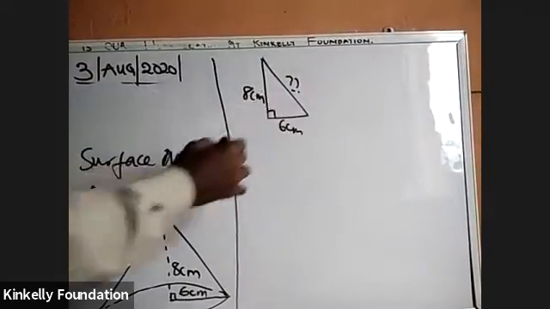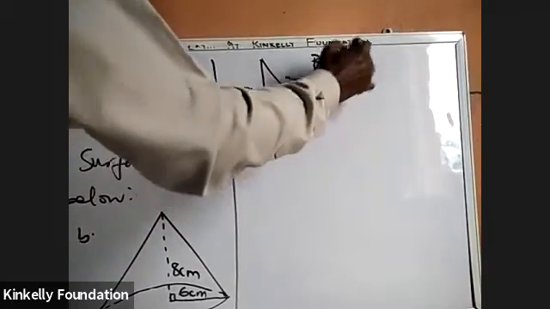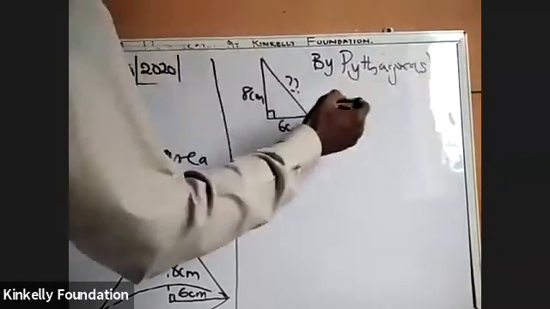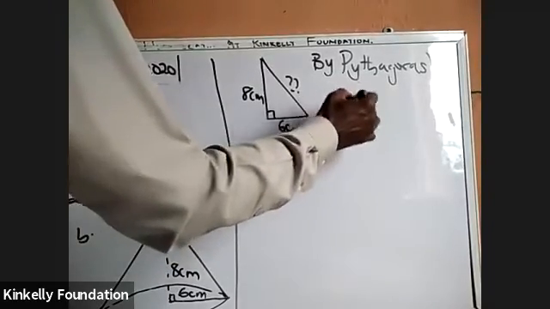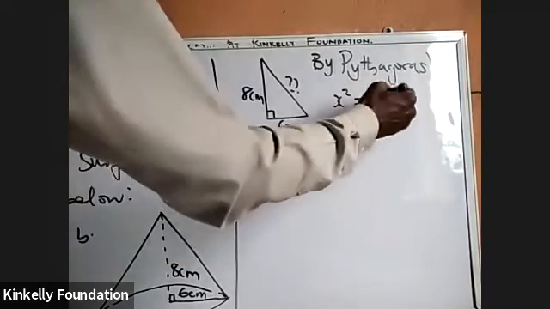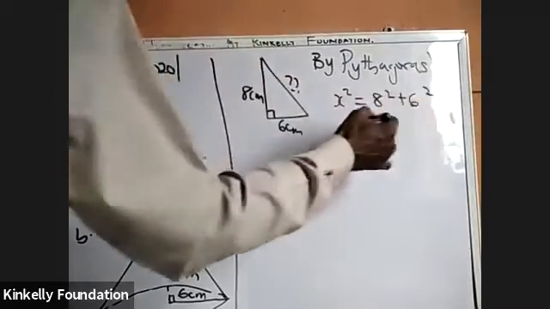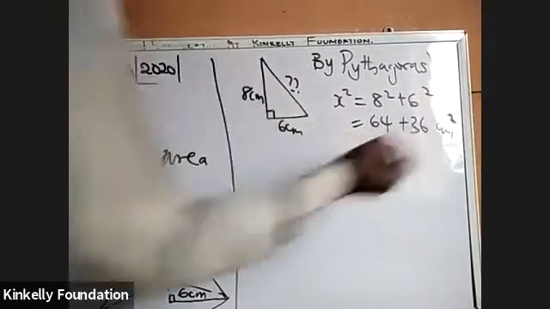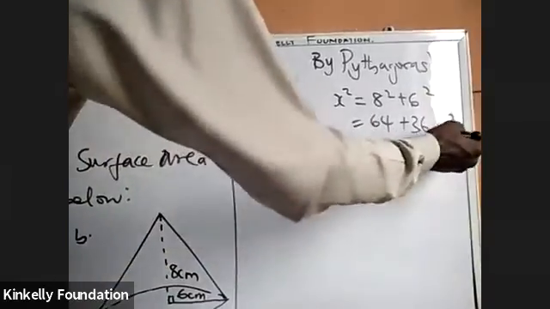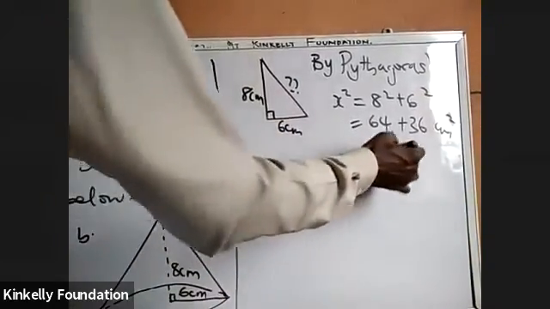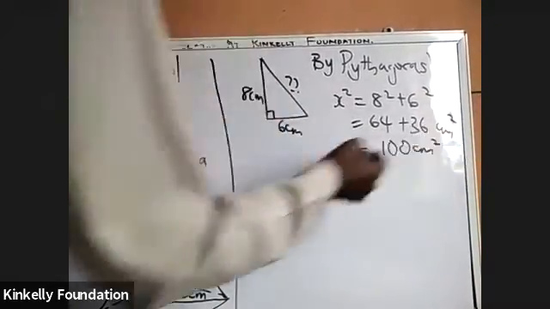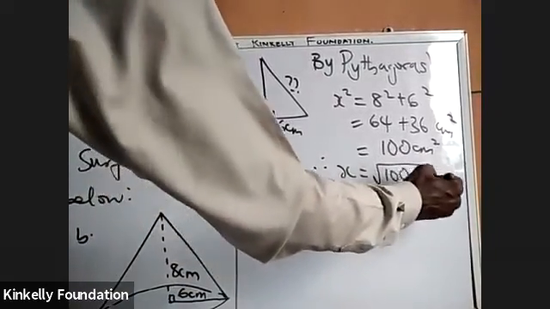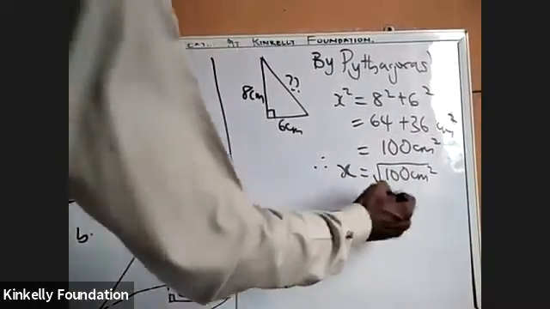Now by Pythagoras rule, we have that S squared is equal to A squared plus C squared, which is 64 plus 36 in cm squared. This is 100 cm squared. Therefore, our S will now be the root of 100 cm squared to give us 10 cm.